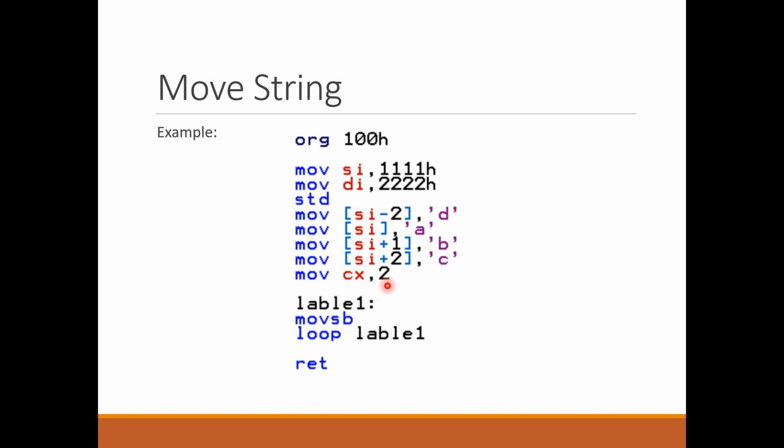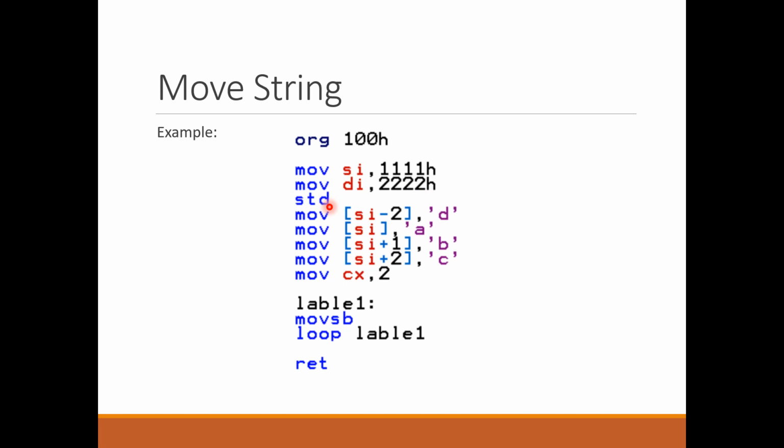But if we say 3, what happens? The first time it is going to be decremented by 1, and the second time it is going to be decremented by 2, and this one is going to be stored inside which memory location? 2220. But if we say CLD, that means clear direction flag, or the direction flag is going to be 0.